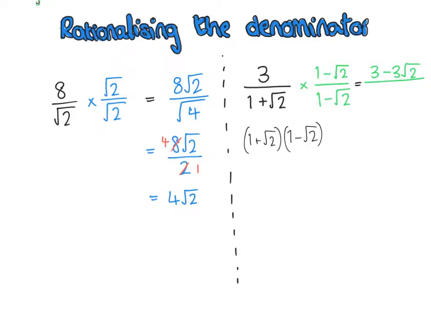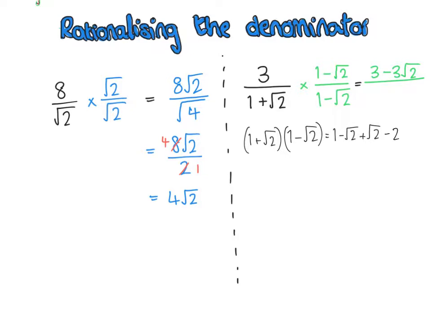This is just the denominator of our fraction. 1 by 1 is 1. 1 by minus root 2 is minus root 2. 1 by plus root 2 is plus root 2. And then we've got plus root 2 multiplied by minus root 2. And we know that root 2 by root 2 gives us 2.